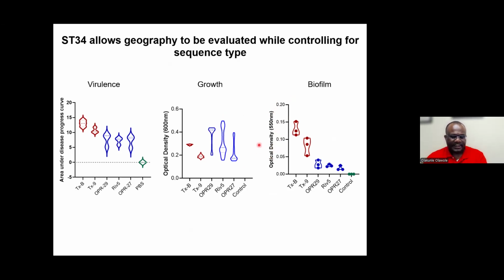However, like I mentioned earlier, the Texas ST34 isolates exhibited higher virulence than the California ST34.